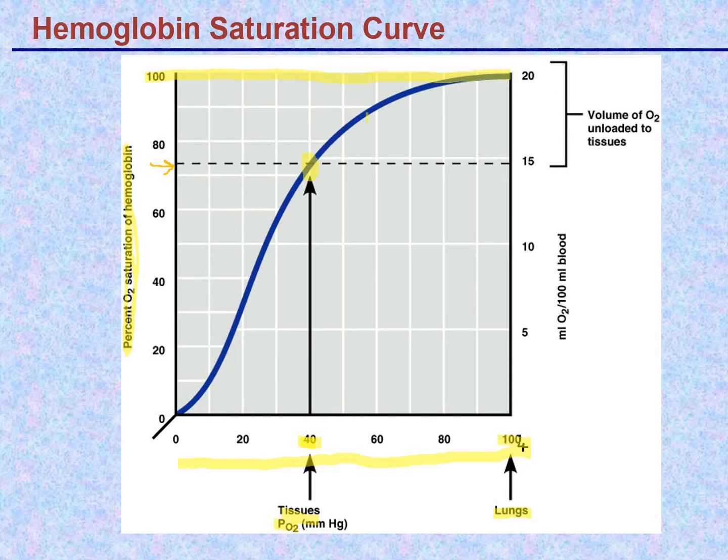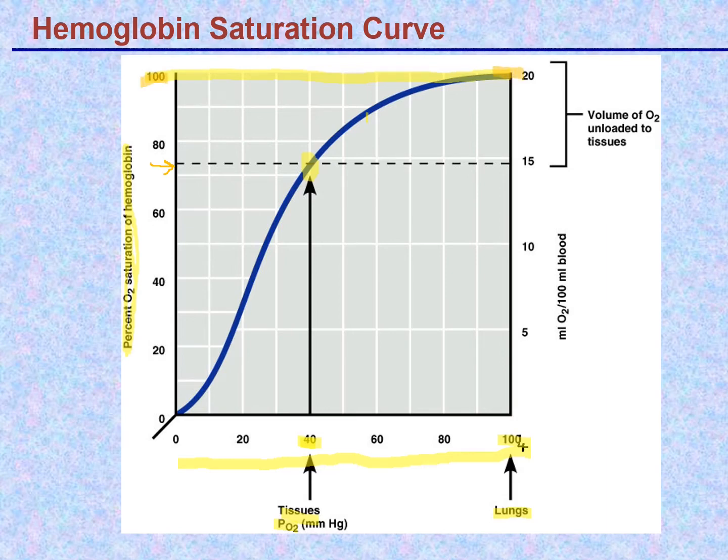It's a question of surrounding PO2 determining how much oxygen the blood can be saturated with. If the hemoglobin is in an environment with a PO2 of 104, as it is in the lungs, then the hemoglobin will be 100% saturated.